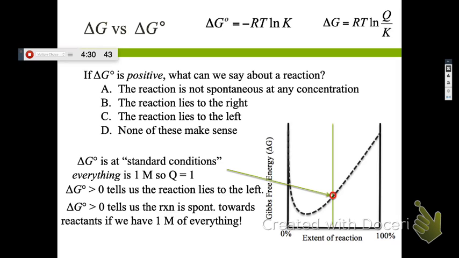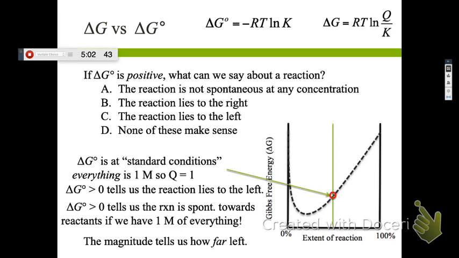But the more positive the number is, the further left that minimum is. The more negative it is, the further right that minimum is. Because remember, that relationship up there in the middle says that the bigger the magnitude of Gibbs free energy at standard conditions, the bigger the equilibrium constant, if we're talking about the same temperature, right? Those two things, R and T, are not influencing it nearly as much as your equilibrium constant. And it's an exponential relationship.